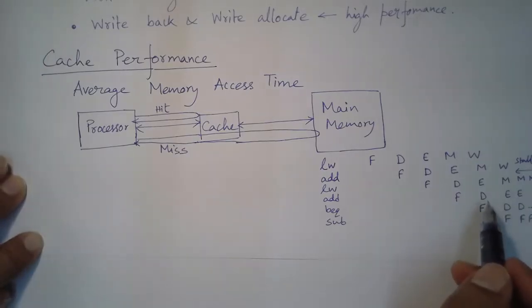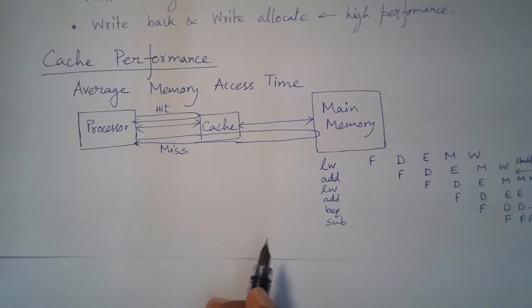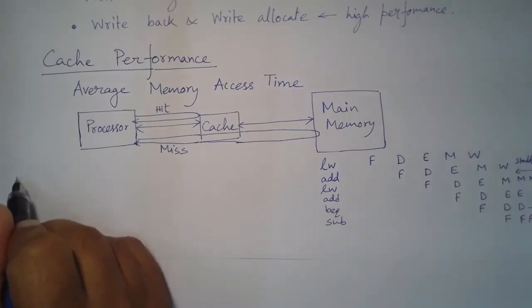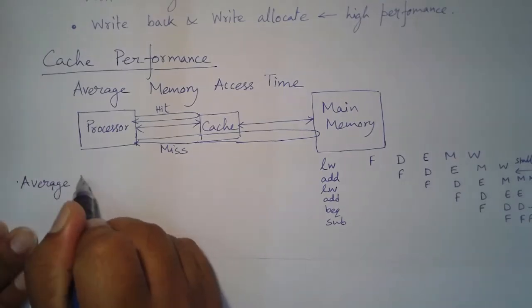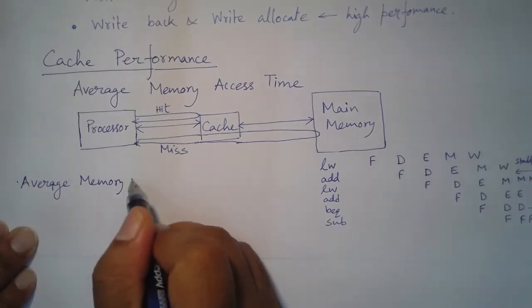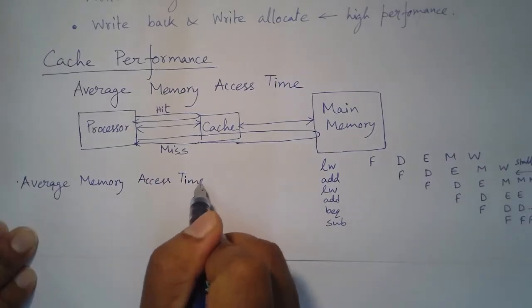So you would be interested in finding out the average memory access time, because one instantaneous memory access may not be a good representative of how good or how bad your memory access is. So we are trying to find out the average memory access time.